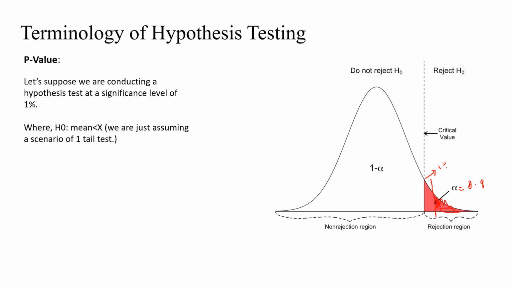Now if your sample statistic value lies here, it is rejected at alpha equal to 1%, but it will stay unrejected at alpha equal to 0.9%. It's simple to understand, because my threshold for rejection has reduced, so this sample statistic escapes my 0.9% threshold, but it is not escaping the 1% threshold.